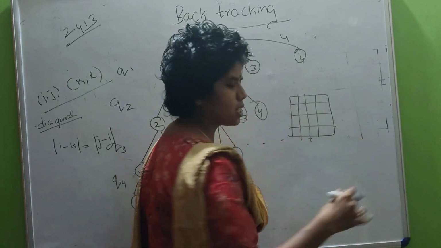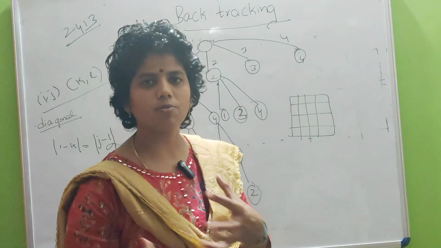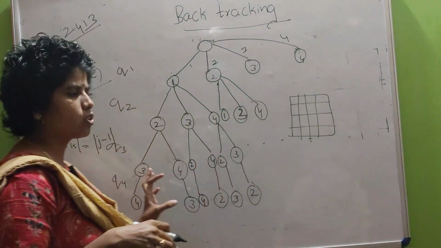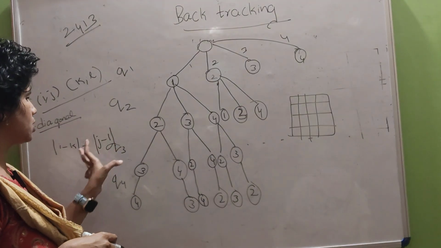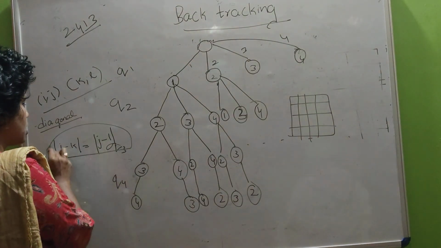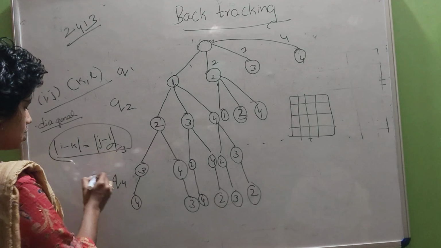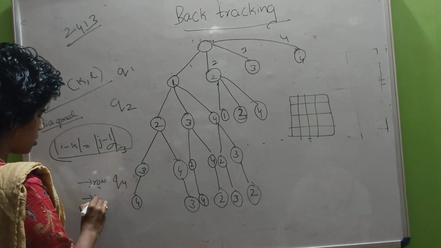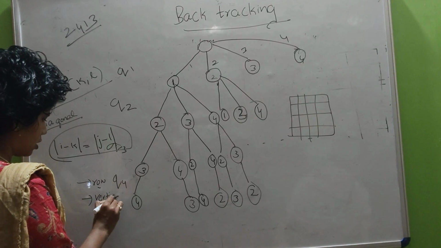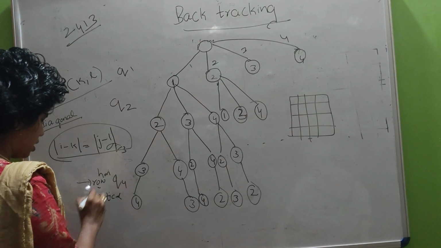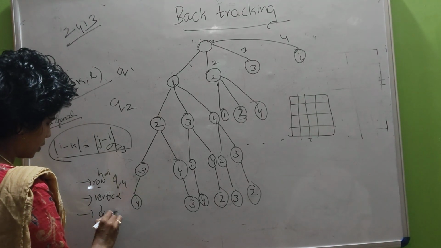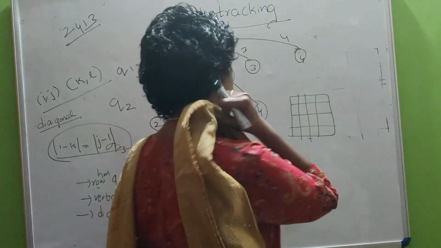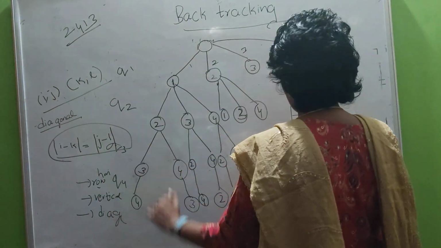If you are using 8 queens or 16 queens, the problem becomes complicated, and it is difficult to find out whether the queens are placed in diagonal positions or not. It should not be placed vertically, horizontally, or diagonally. So we calculate the row difference and the column difference.